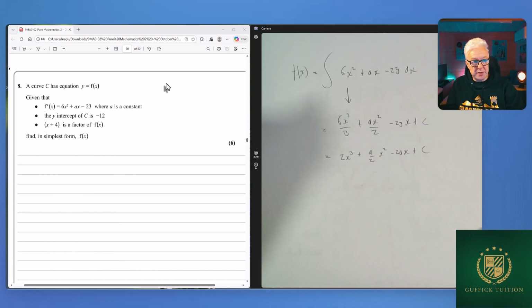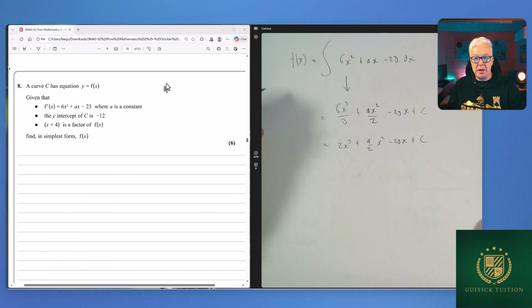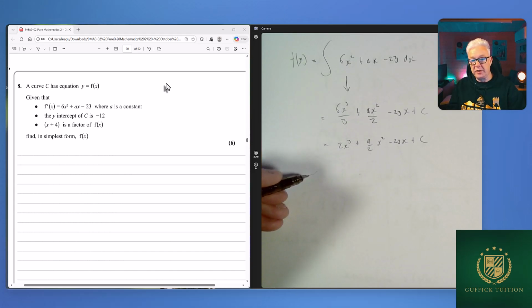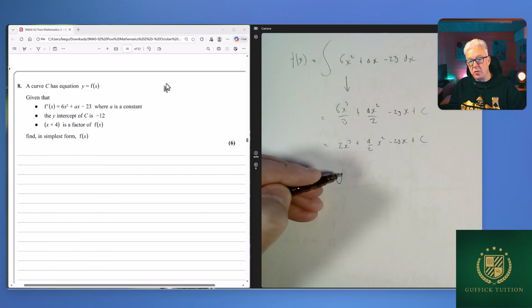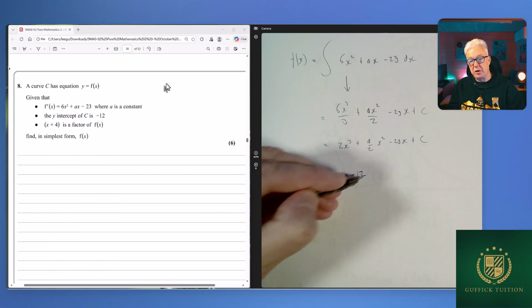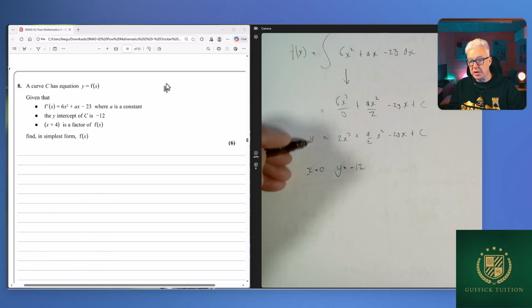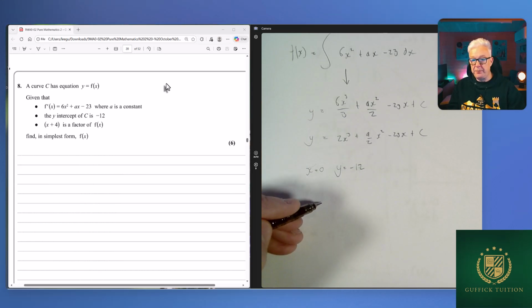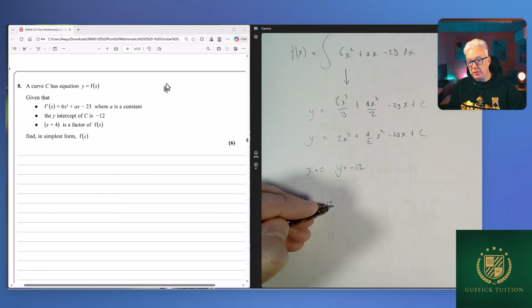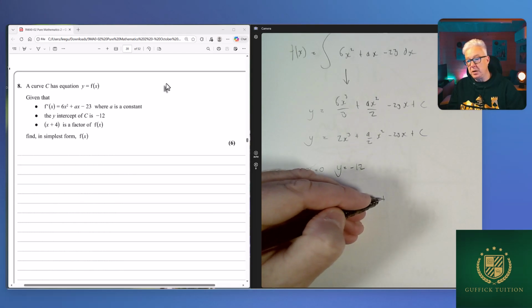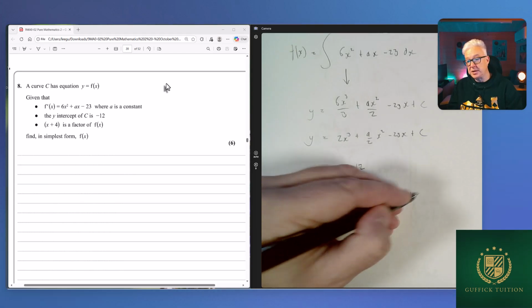So we've used the first piece of information. Now let's use the second piece of information. The y-intercept of C is minus 12. That's telling us that when x is equal to 0, y is equal to minus 12, which is essentially a coordinate that we can sub into our equation. So minus 12 is going to equal 0 plus 0 minus 0 plus c.